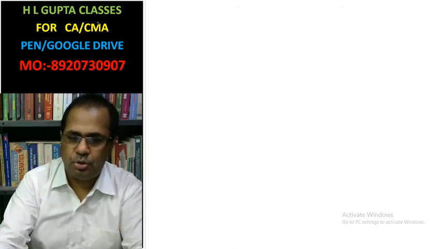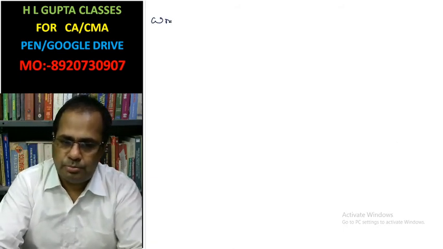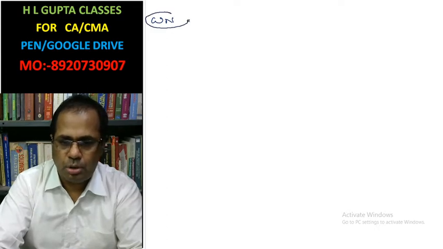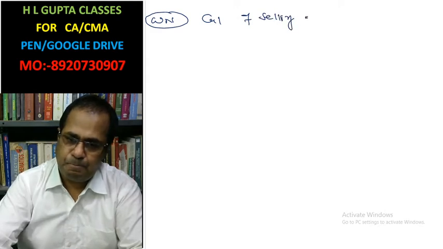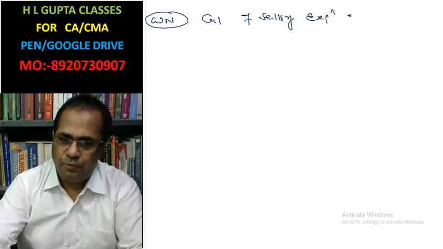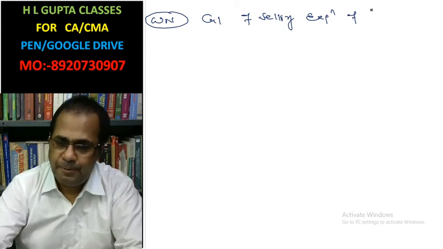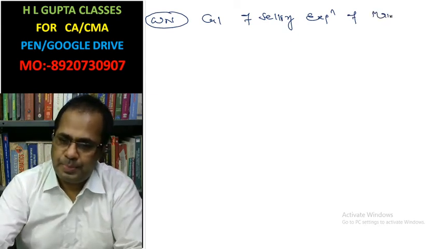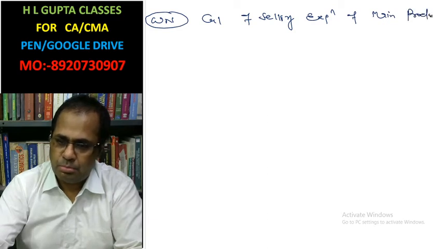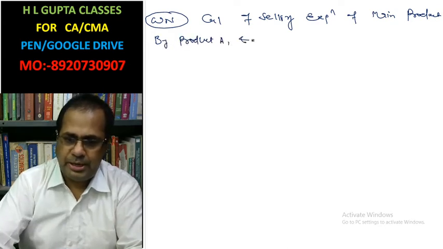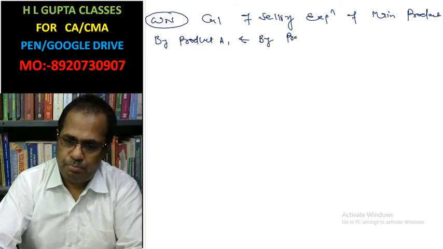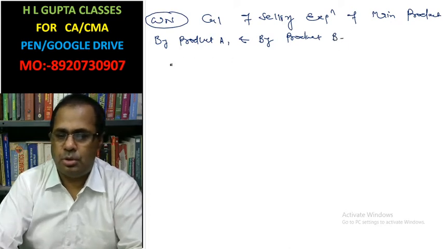Working note, calculation of selling expenses of main product, byproduct A, and byproduct B. Okay.